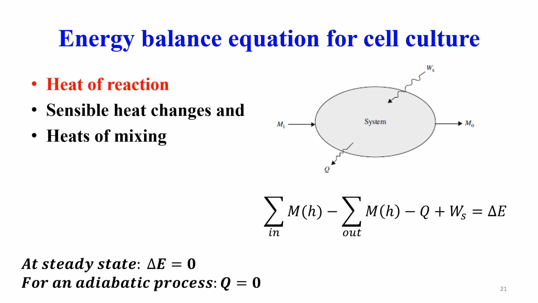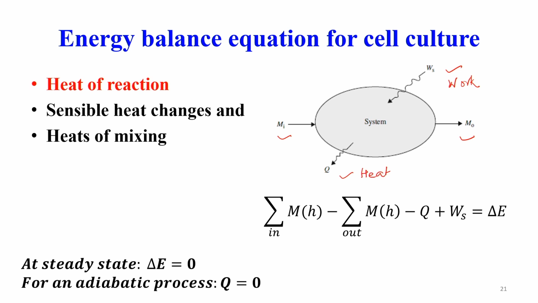As I said, this biological system is an open system where transfer of mass as well as energy takes place. Here mass is coming in, mass is going out, work is being done and heat is being released. W is the work and Q is the heat.